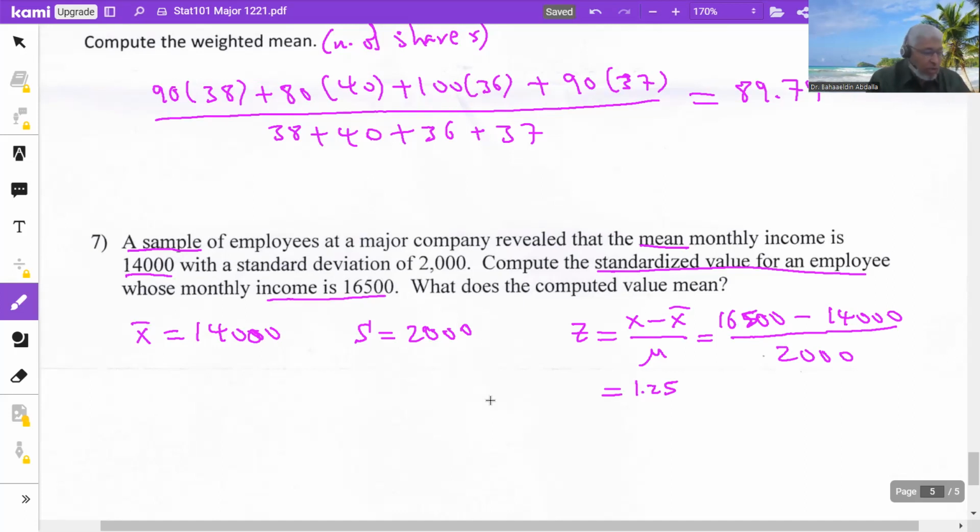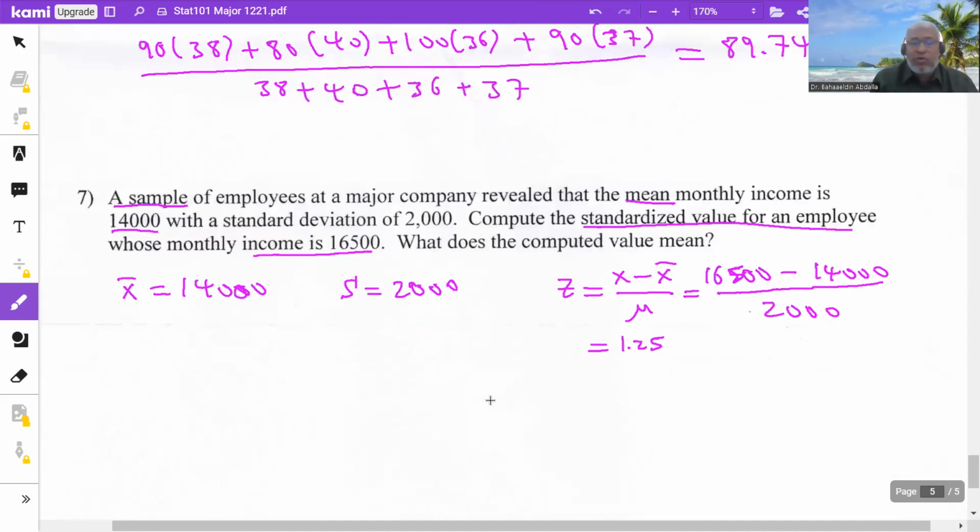And what does this answer mean? What does the computed value mean?